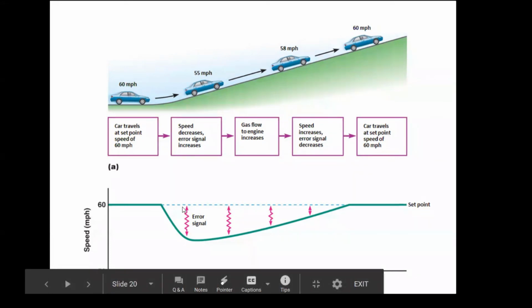As we register this error signal, your brain is going to start telling different parts of your body to adjust. So here we're sending out an adjustment, right? This car is gassing it up a little more, and your body will have similar mechanisms using effector organs to maintain homeostasis and get you back to this set point.